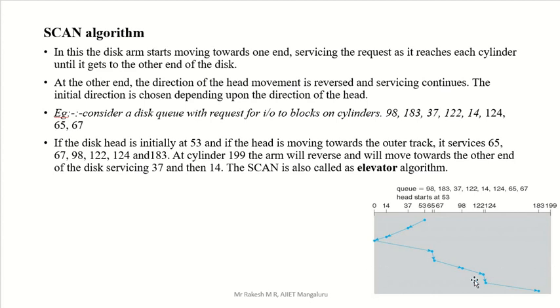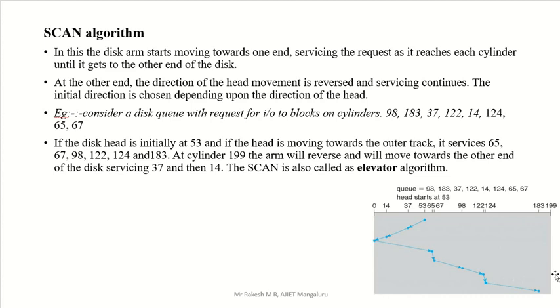Okay, you are moving, coming towards 0 now. While moving towards the other end of the disk, coming to the beginning end, you already allotted 98 and 183 to the user, but the remaining are only two, one is 37, one is 14. So you have to allocate those to the user while coming to the beginning end.